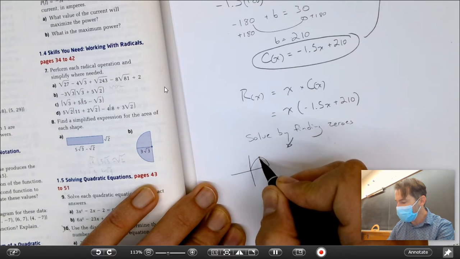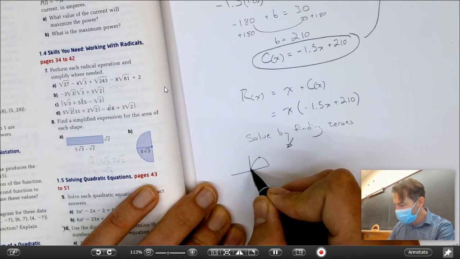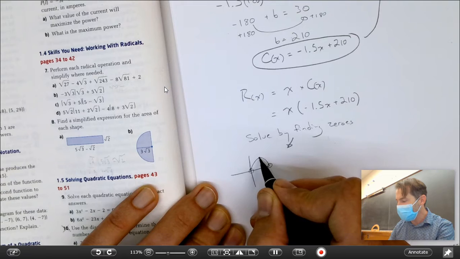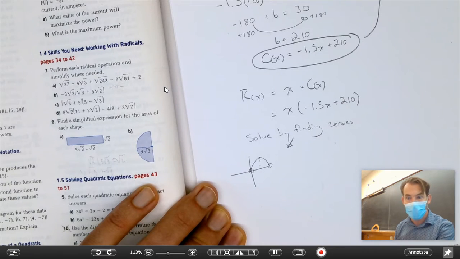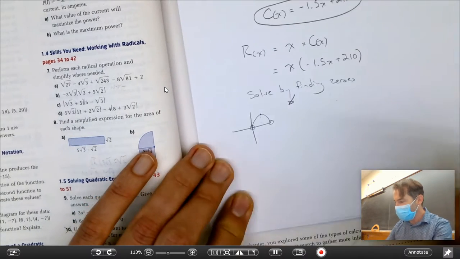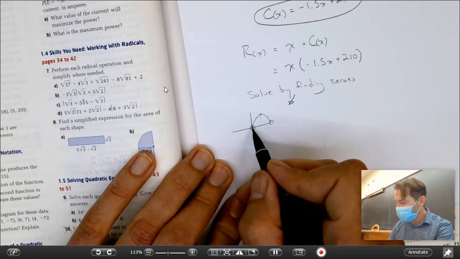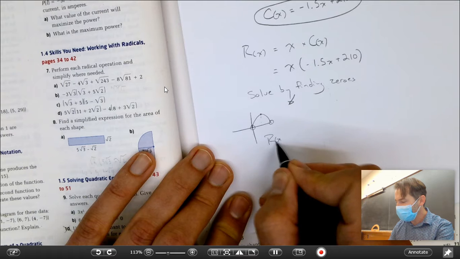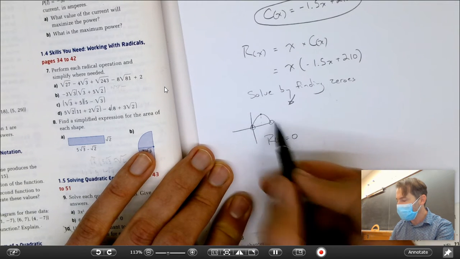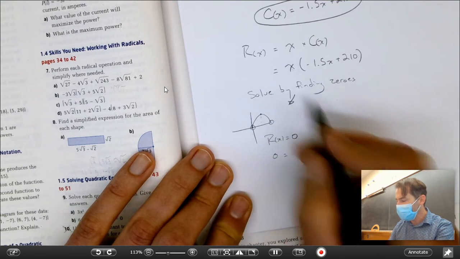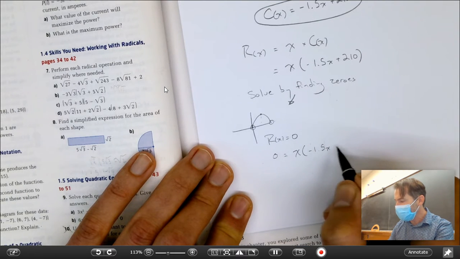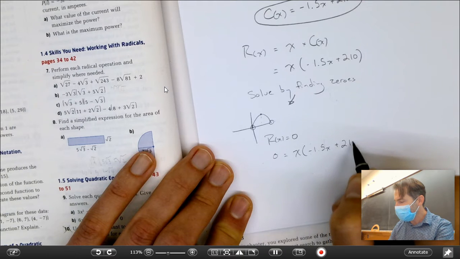The maximum is going to be there, and the two zeros here are symmetrical around that point. So I would take the average x value there and then solve the function for y, and that would tell me where that is. So I'm looking for the zeros, so when R of x equals 0, then I have 0 equals x multiplied by negative 1.5x plus 210.